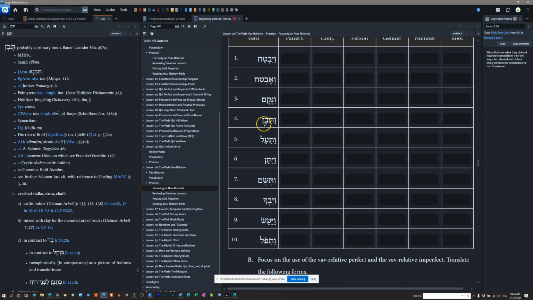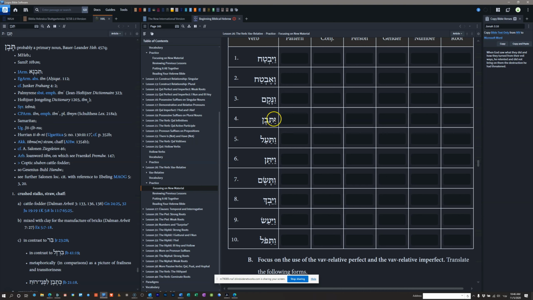So that means it must be part of the root. And if nun is part of the root, then we have to ask, what about bet? If nun is not a suffix, if nun is part of the root, then bet either has to be part of the root or it has to be a prefix or part of the prefix.